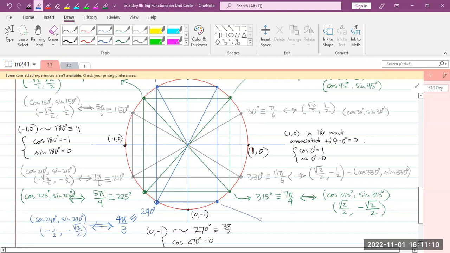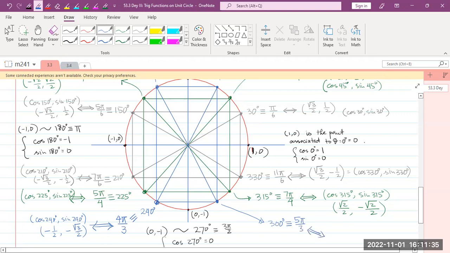Lastly, reference angle 60 degrees in quadrant 4. Then the angle must be 300 degrees, right? In radian, it must be 5 pi over 3.